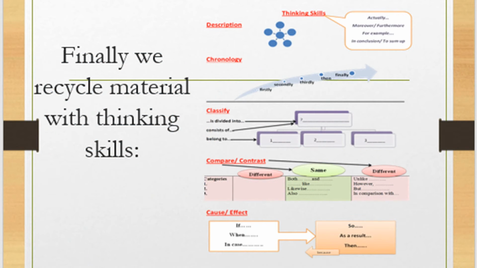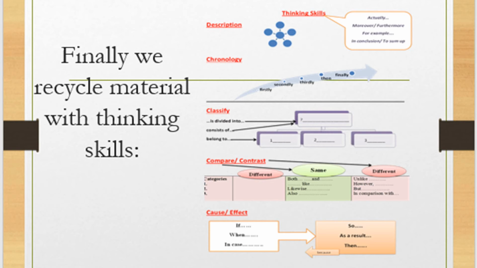So when we make these maps, we always keep in mind that we have to consistently use the thinking skills which help recycling all the material. And that is how we look for connections, and that is how we can talk about different important matters.